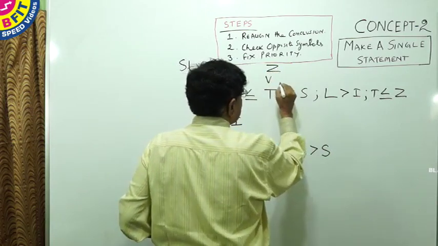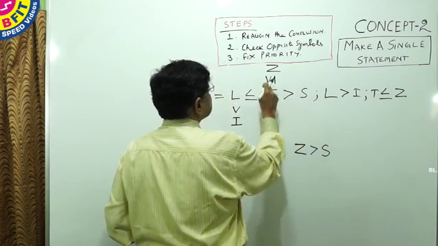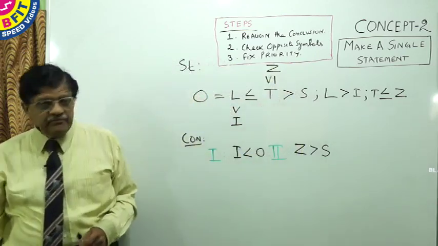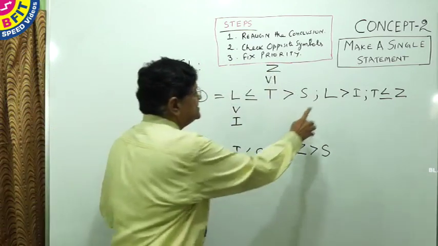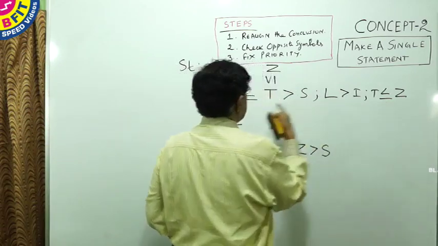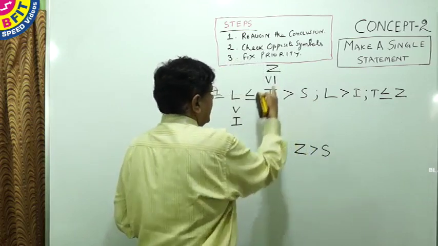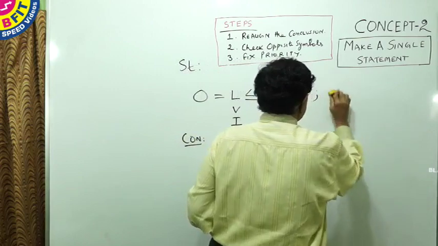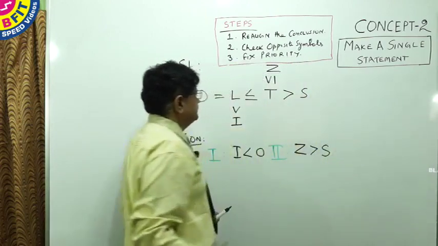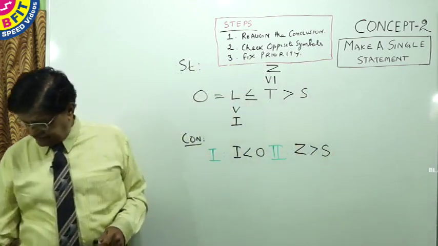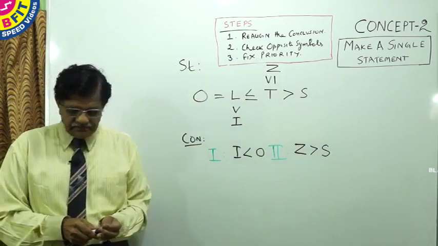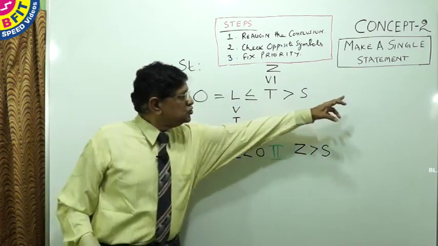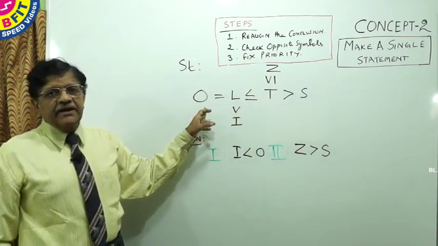Z is greater than or equal to T. T is less than or equal to Z. Now what we have done is we have incorporated these two statements into this statement and made it into a grid. Now we can make comparisons.